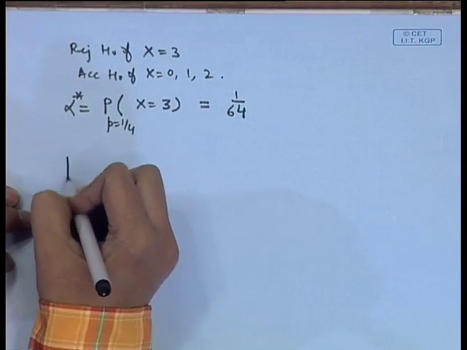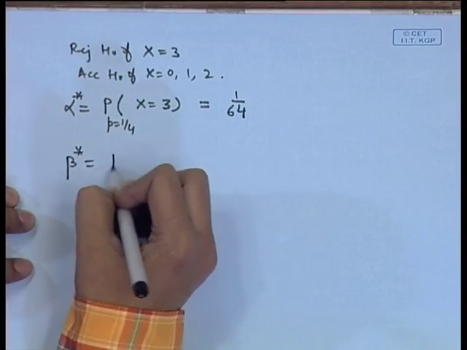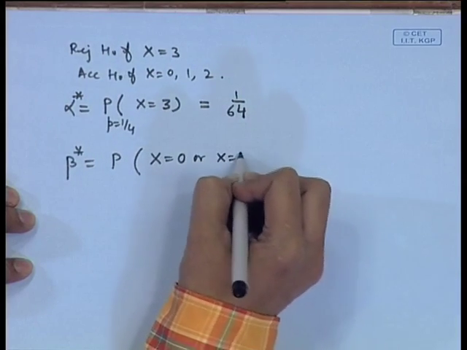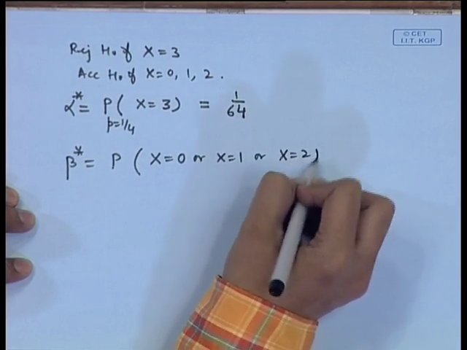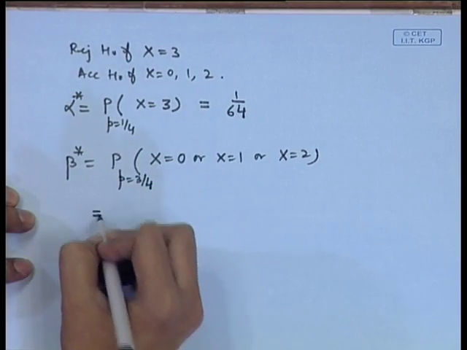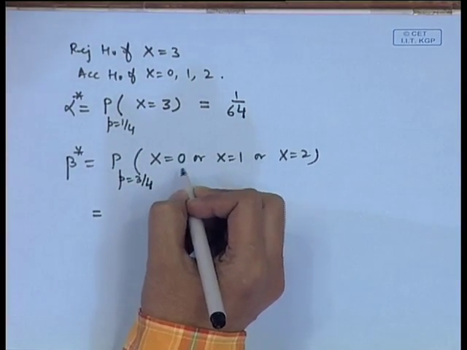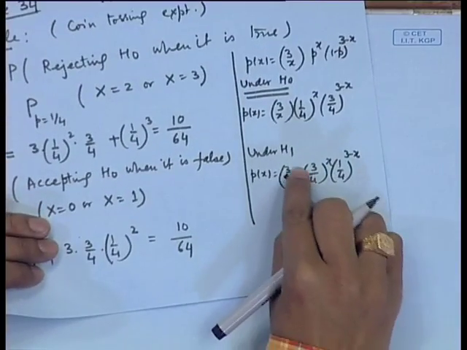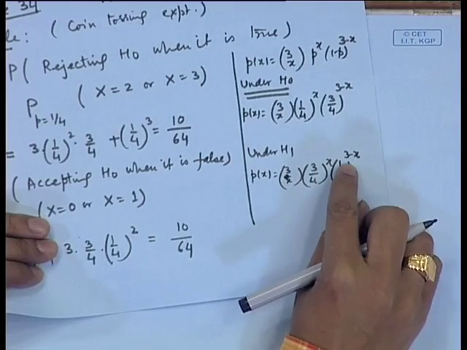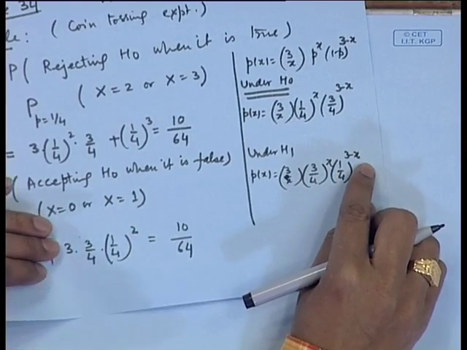But now, let us see what happens to the probability of type 2 error. Beta star, that is the probability of x equal to 0, or x equal to 1, or x equal to 2 under p equal to 3/4. So when p is equal to 3/4, the probability distribution of x is given by 3 C x, (3/4)^x, (1/4)^(3-x).